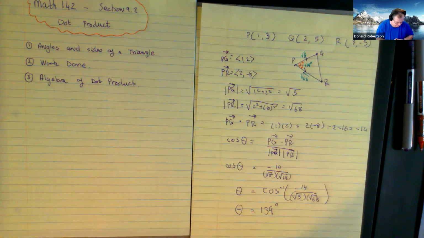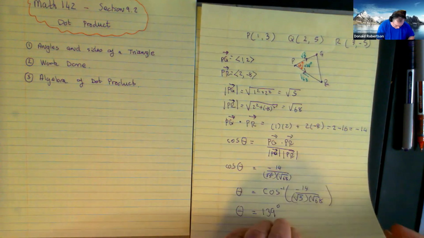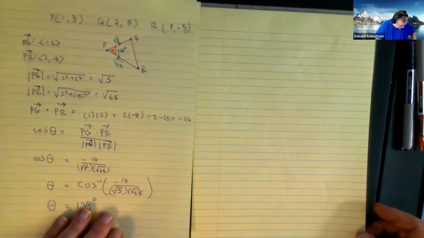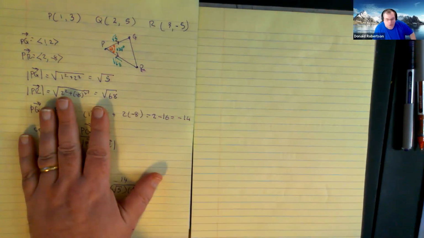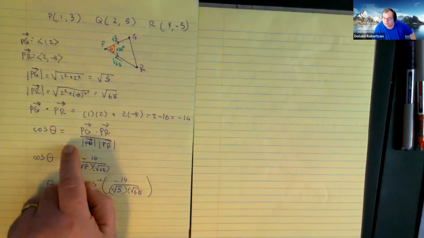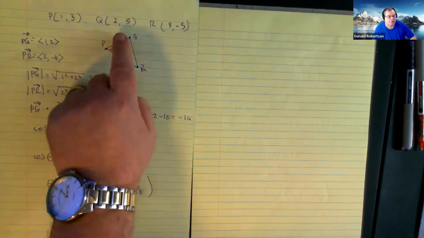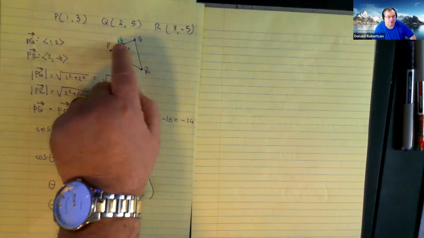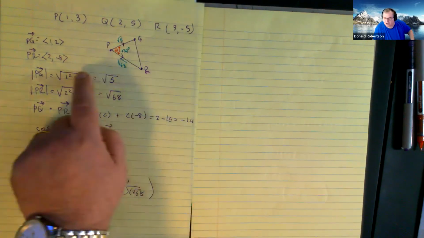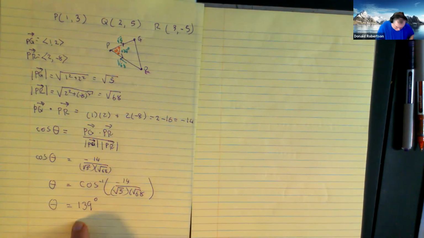At this point, things can take a different route. If I wanted to, couldn't I just stay on dot product, right? Maybe focus on Q or R, whichever one I felt like. And then I could do QP and QR and do a similar question, right? And that would work.